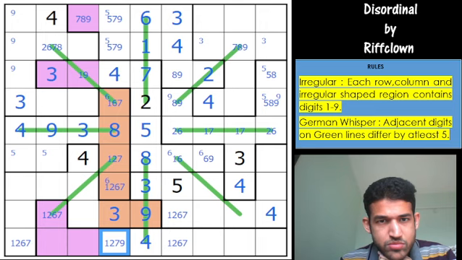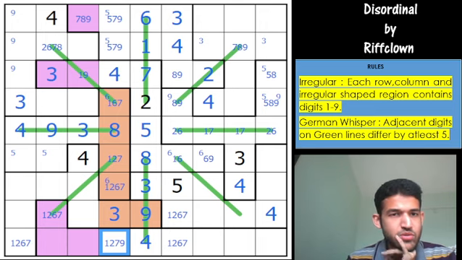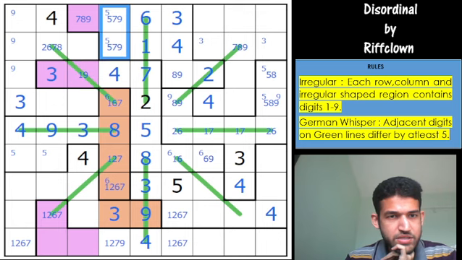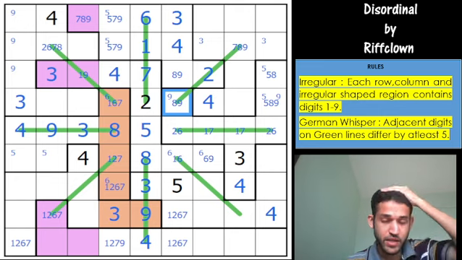So can this be a 9? If that is 9, so the 9 in this region is forced here. Okay, that can be a 9, right?